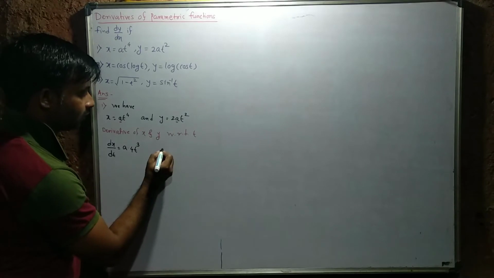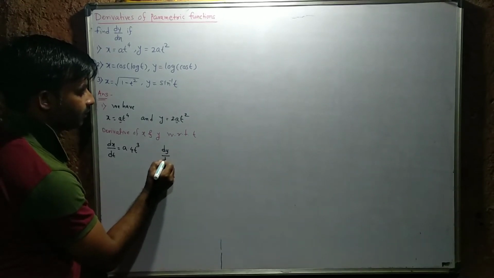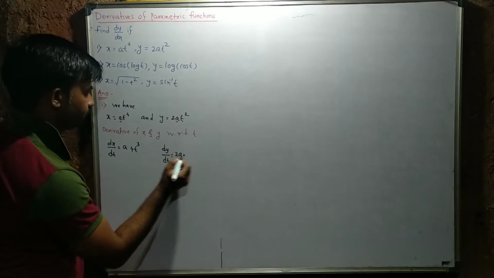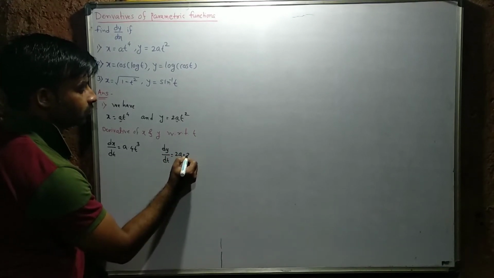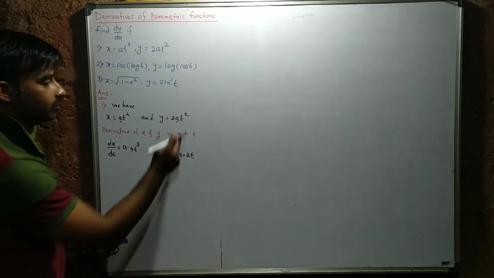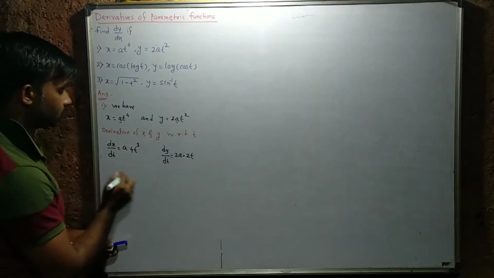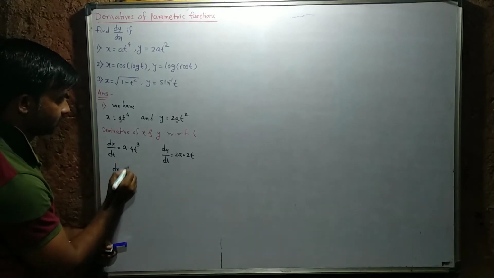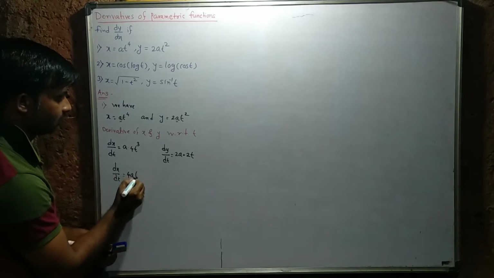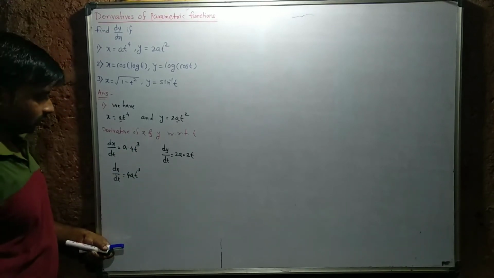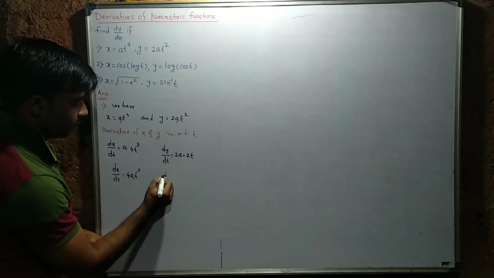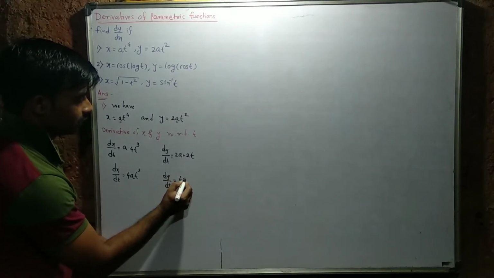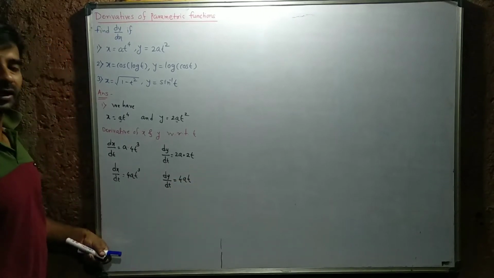Similarly, you can find the derivative of y: dy by dt is equal to 2a into 2t, because t square has the derivative 2t. Therefore dx by dt is equal to 4at raised to 3, and dy by dt is equal to 4at.